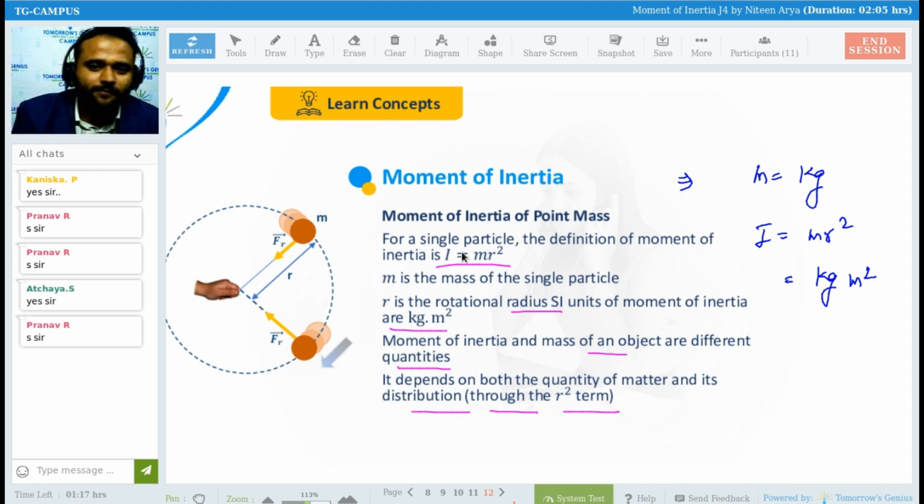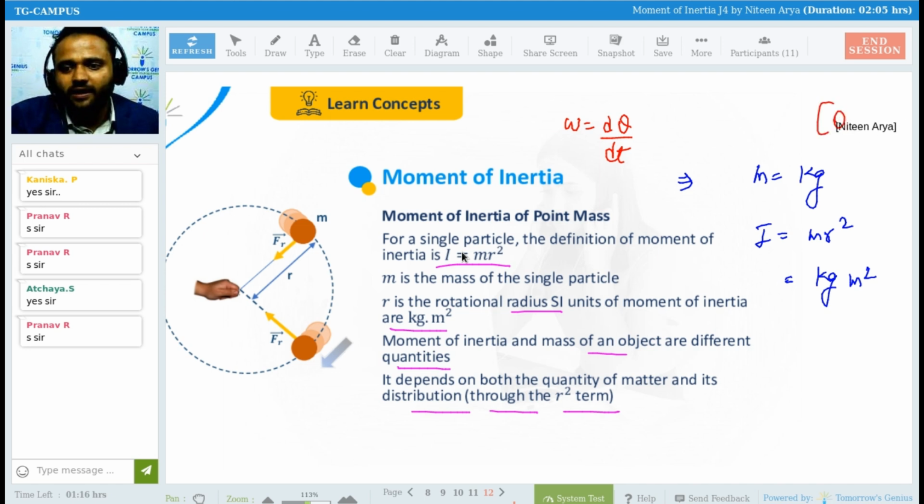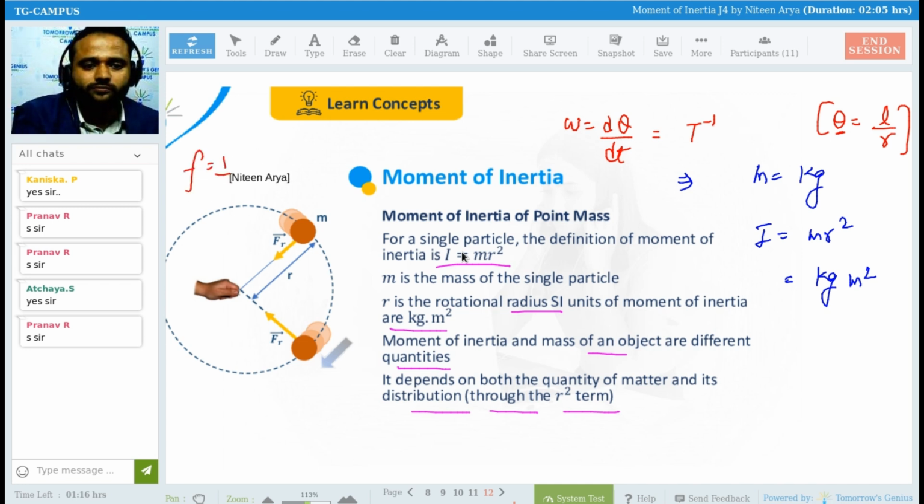Theta is a number, or you can say an angle, so omega does not have a length unit. Why? Because theta is a number. And omega, which is d theta by dt, has a unit of time inverse, the same as a frequency, not meters per second. We define angle as arc length upon radius. Both are in meters, so that is a pure number. Time has a unit, so the unit is time inverse, the same as frequency, which is hertz.